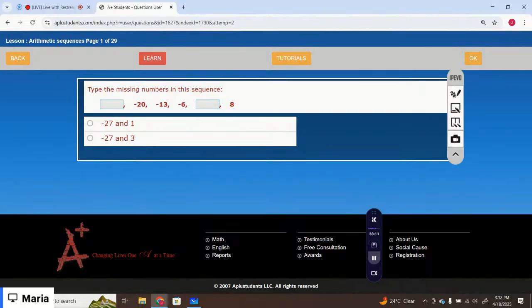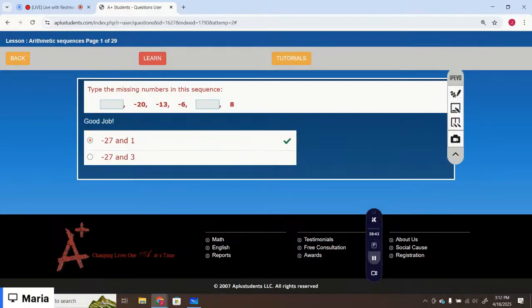Type the missing number in the sequence. -20, -13, -6. That is increasing by 7. So that is -27 and 1. Option number 1 is the correct option.